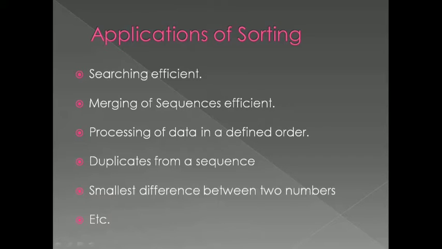And if we want the smallest difference between two numbers of different items, the better solution is to first sort them, and then for the numbers which are adjacent, we can find the differences together and see which has the smallest difference. So these are the different applications of sorting.